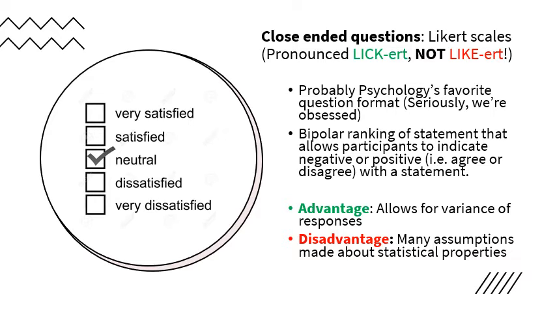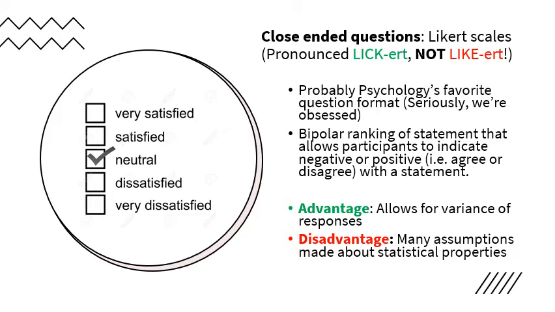So essentially, this is like your forced choice question, but with multiple response points that goes beyond two. And additionally, it's a ranking system that allows participants to state their agreement with the item from very satisfied to very dissatisfied, or strongly agree to strongly disagree.